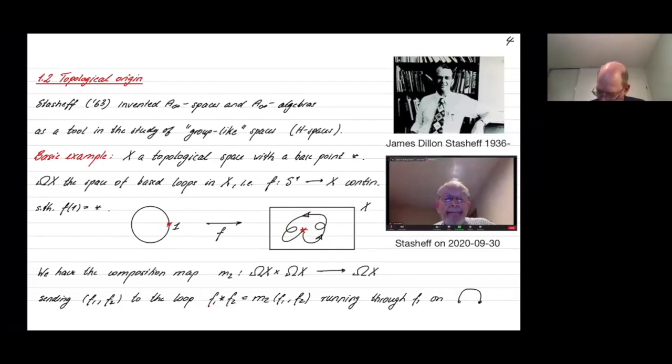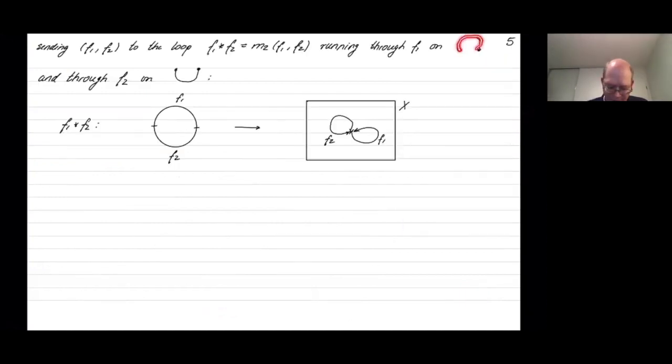The composed loop is given by running through f1 on the upper half circle, and then we run through f2 on the lower half circle. So we get a new parametrized loop, and this is clearly a well-defined and continuous operation, but it is not associative.